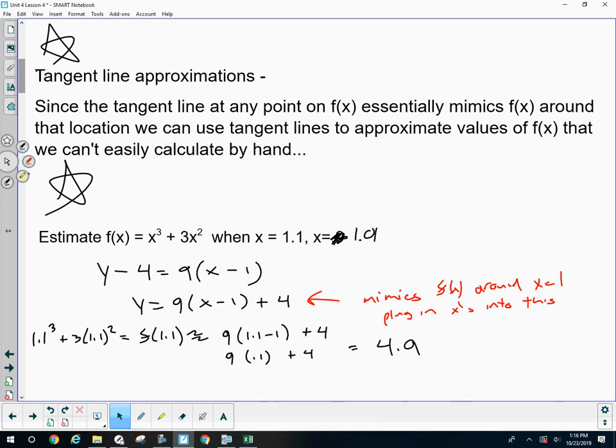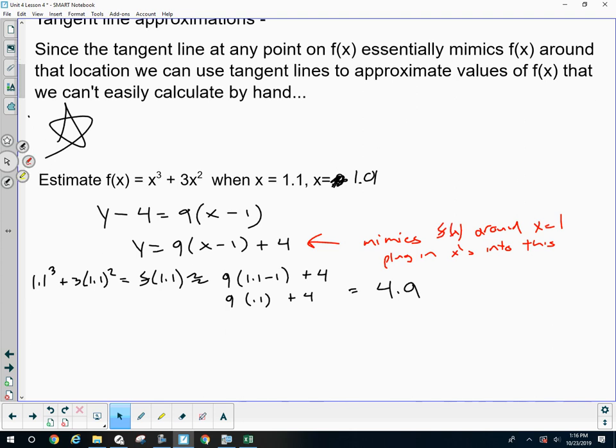Why don't you guys find what 1.01 cubed plus 3 times 1.01 squared is approximately. Again, we know it's definitely going to be close to 4.